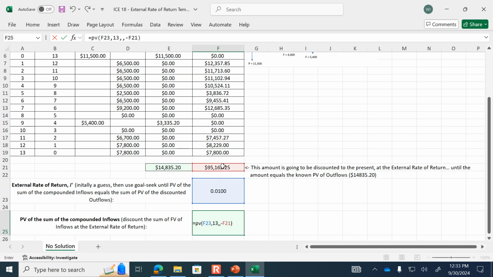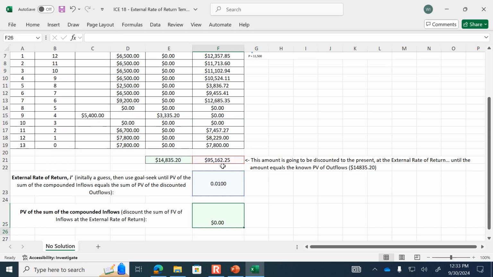Okay, so as it stands right now, when I press enter, it's just going to tell me if you discount $95,000 to year 0 at 1%, then what is the magnitude of that present value? So at 1% discounting, it's 83,000, and that's not what I'm looking for. I'm looking for 14,835. So what about 2%?